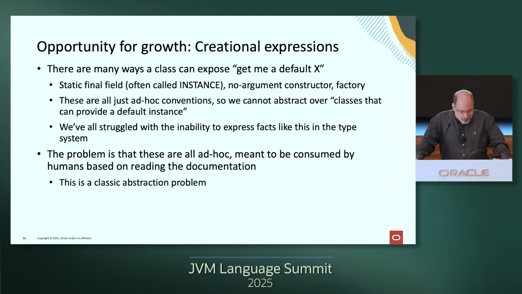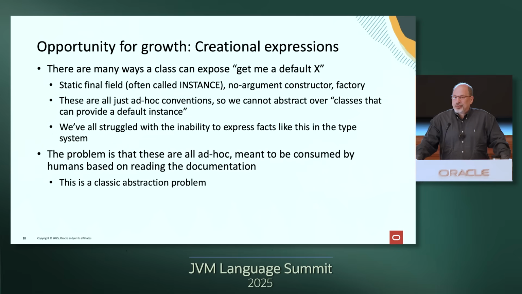So the last motivational example is object creation expressions. When we write a class, very often there's some distinguished instance of that class, like an empty ArrayList, or a default value, or the zero value for a numeric type. And we have many idioms in Java for representing this.